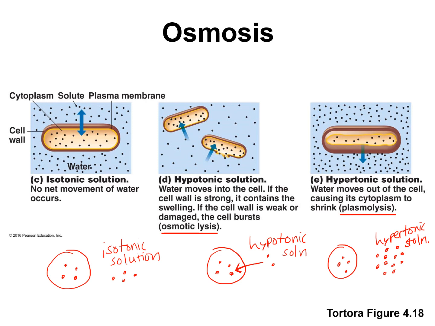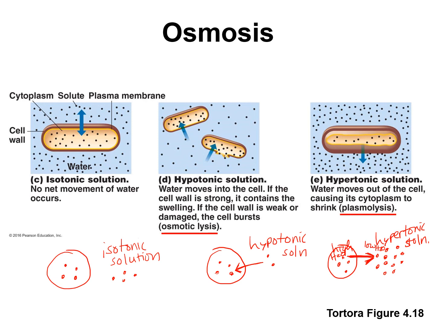So we have less solute inside the cell than we do outside, and that means we've got more water inside than we do outside. And so water is just going to move down its concentration gradient, follow the solutes, and move out of the cell. And what happens is the bacterial cell size is going to shrink.